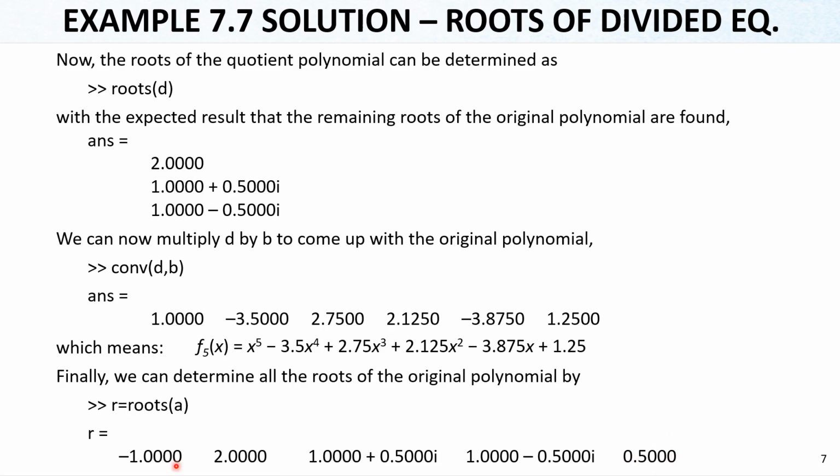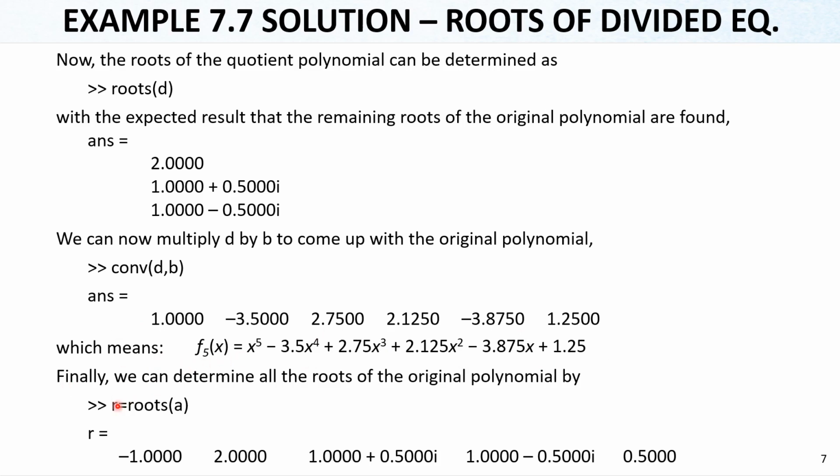We divided by them, that's why the remaining ones were these. So we can now multiply d by b to obtain the original 5th order polynomial, using the conv function with d and b, and it will give us the coefficients of the 5th order polynomial. You can see we obtained the same coefficients as expected.